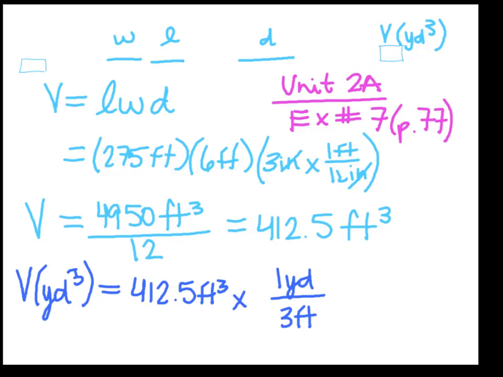However, because we're looking for cubic feet to cubic yard, we need to remember to cube the numerator and denominator of the conversion factor in order to get cubic yards.